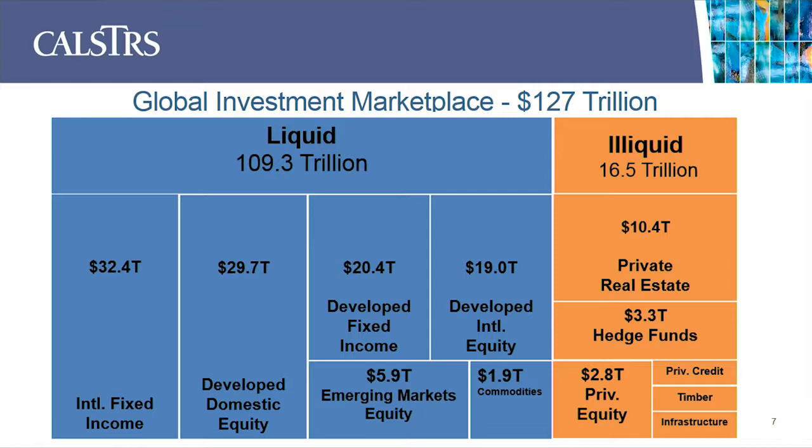I wanted to just show a quick snapshot of the liquid and illiquid market. And you can see that about 86% of the market is in liquid assets. And that's also reflective of our asset allocation. We have a lot more of our assets invested in public markets than illiquid markets.